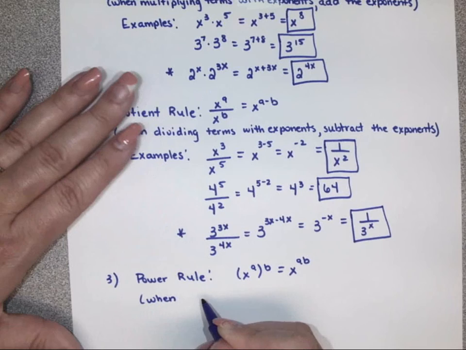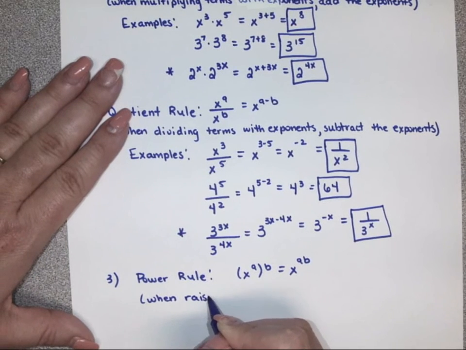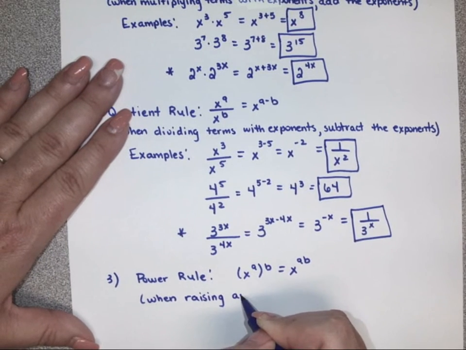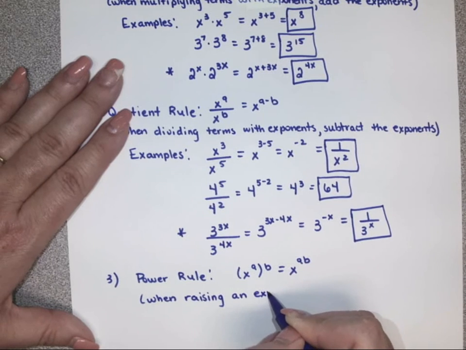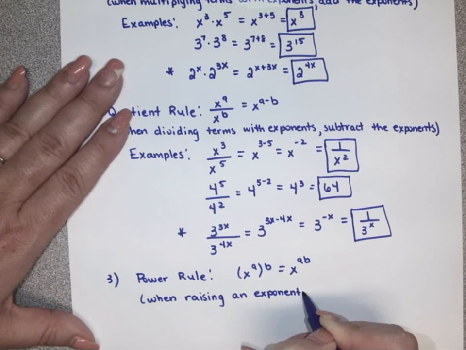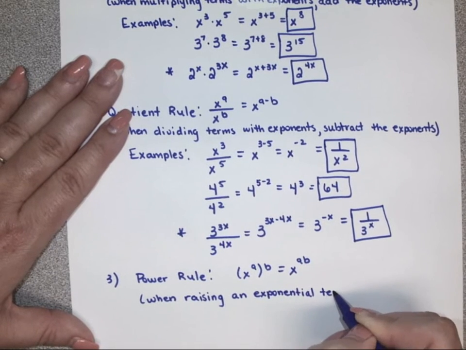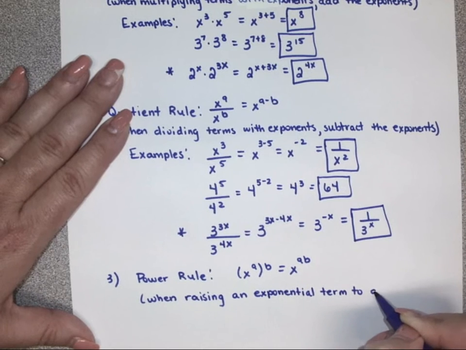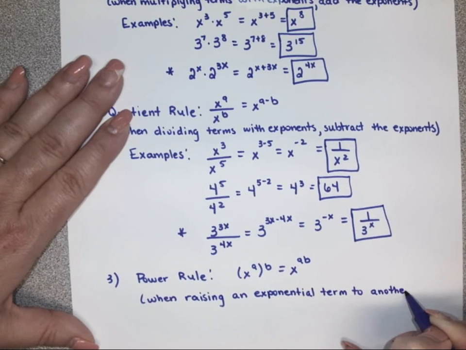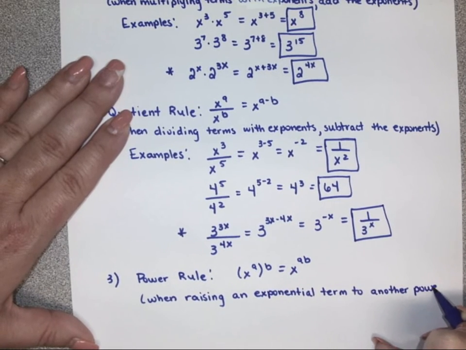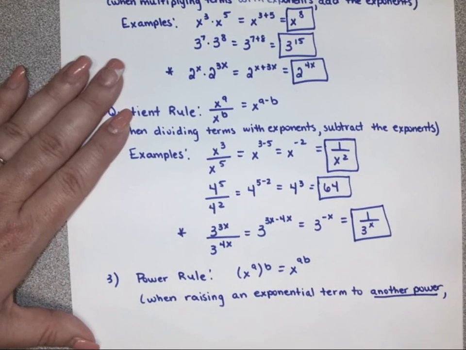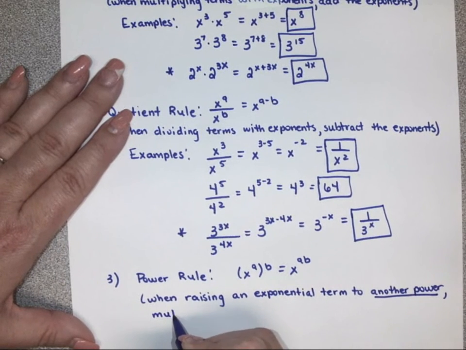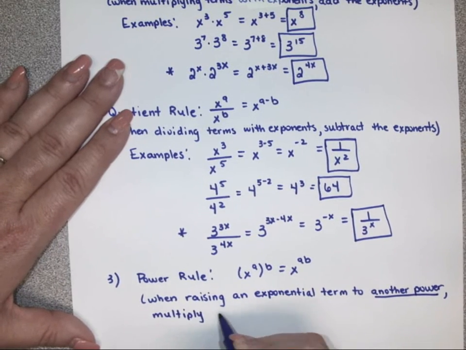So the everyday explanation of this is when raising an exponential term, so it's already an exponent, to another power. So it's like something squared or something like that, and then you raise it to a power again. You're going to multiply the exponents.